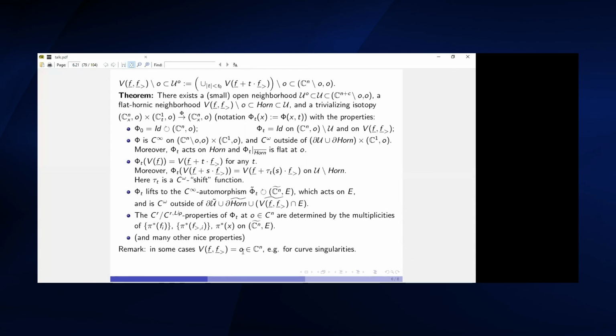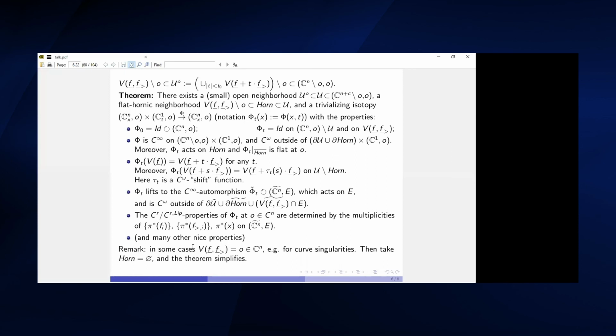It also happens quite often for surface singularities which are not hypersurfaces, so for surface singularities embedded with codimension at least 2. Then if this base locus is trivial, we take the horn as the empty set, and the whole statement simplifies. Of course, you just remove the horn everywhere, and the properties are even better.